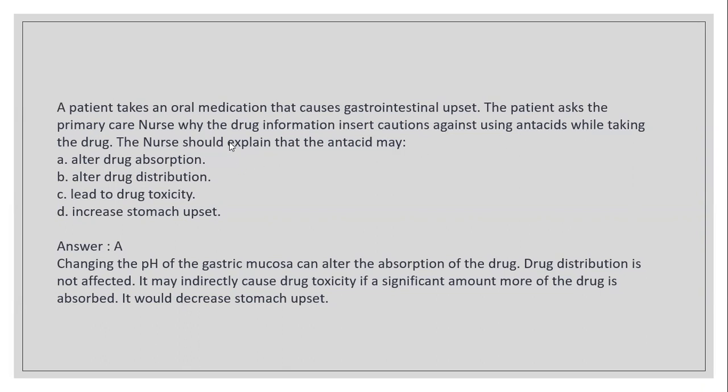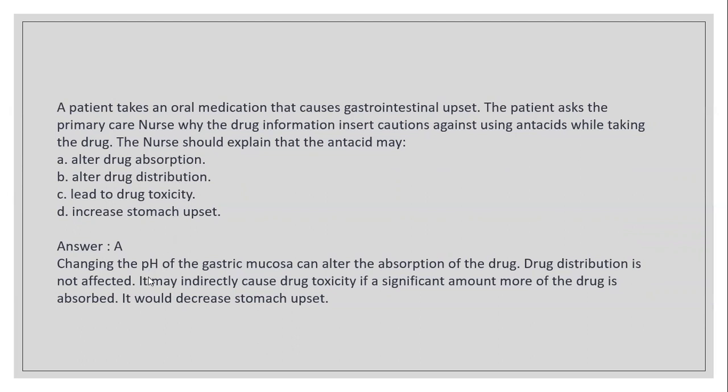The nurse should explain that the antacid may: number A, alter drug absorption. Number B, alter drug distribution. Number C, lead to drug toxicity. Number D, increase the stomach upset. So the correct answer is alter drug absorption.